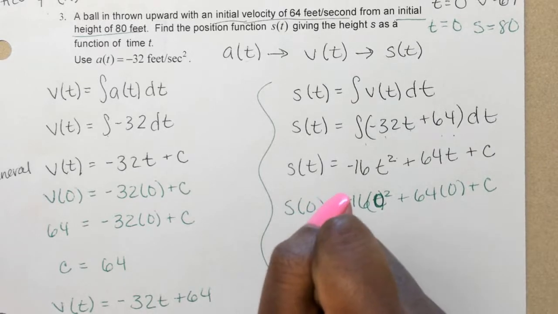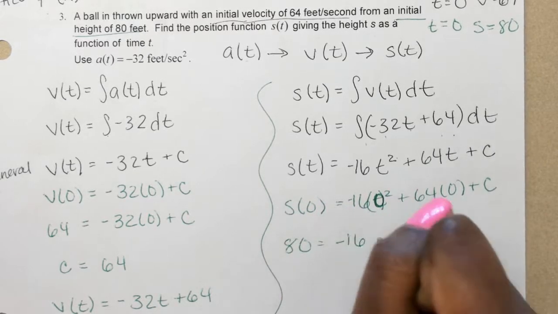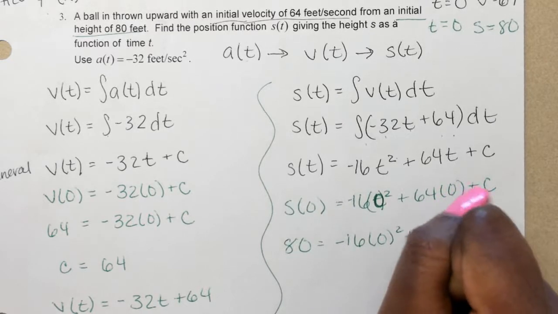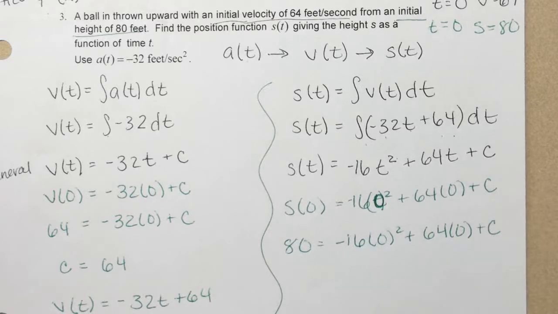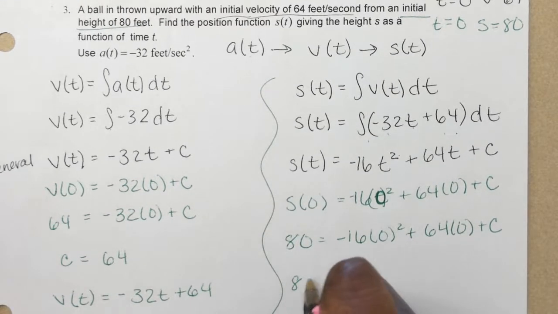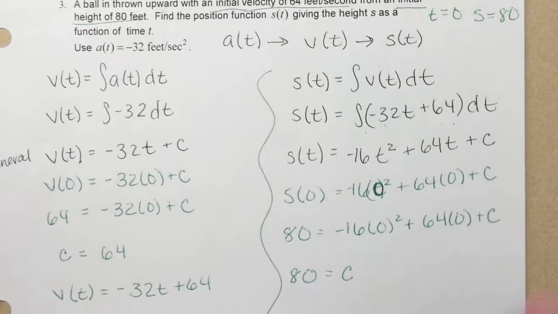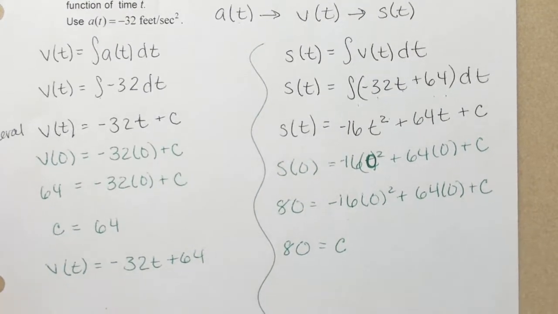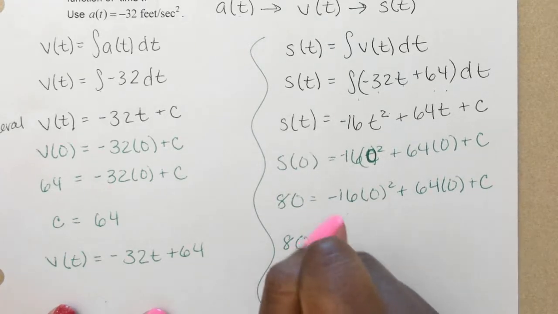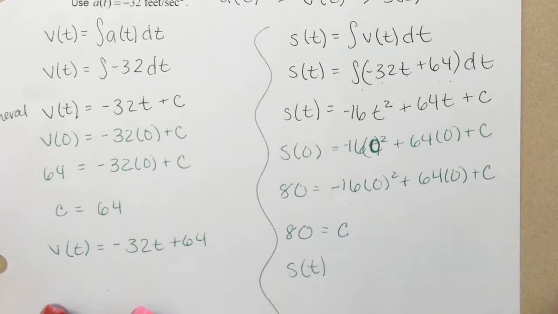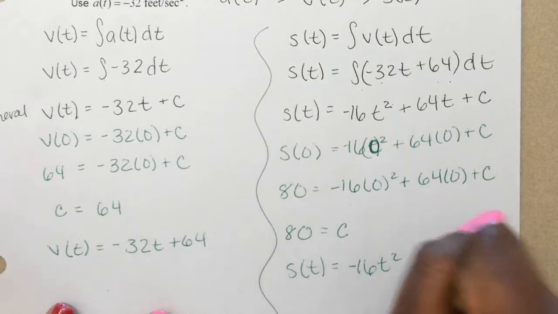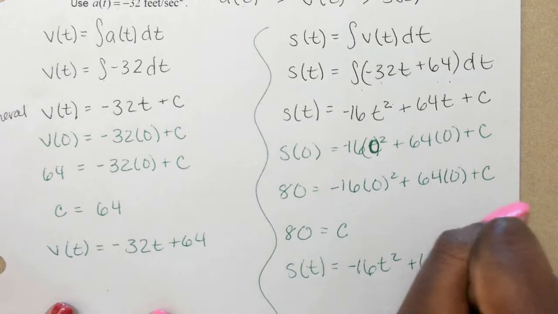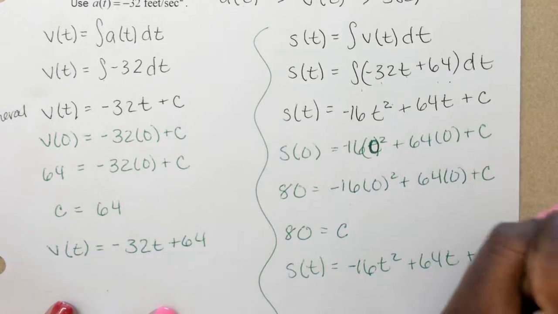So 80 is equal to negative 16 times 0 squared plus 64 times 0 plus c. Both of these turn into zeros, so 80 is equal to c. So the position function, s of t, is equal to negative 16 t squared plus 64 t plus 80.